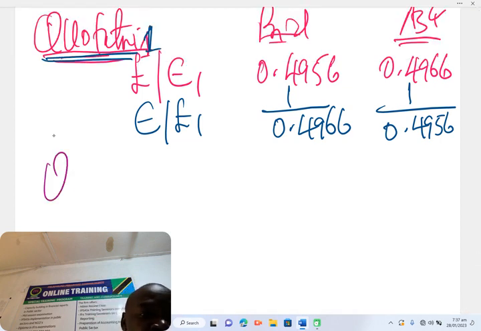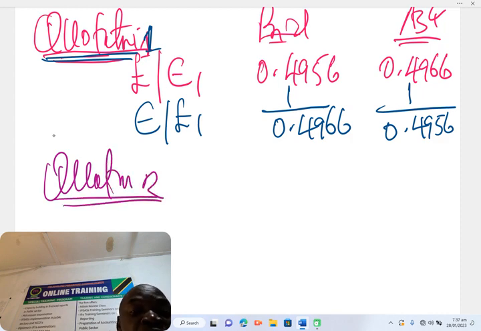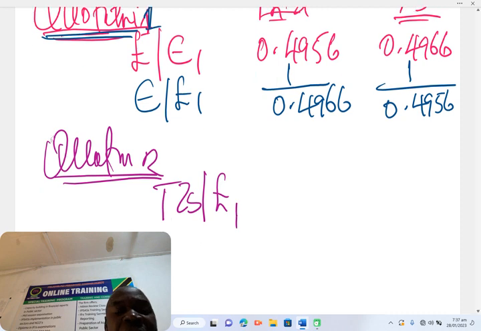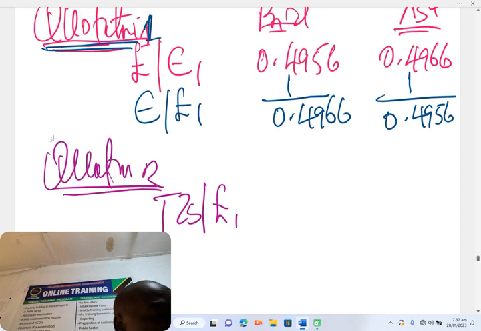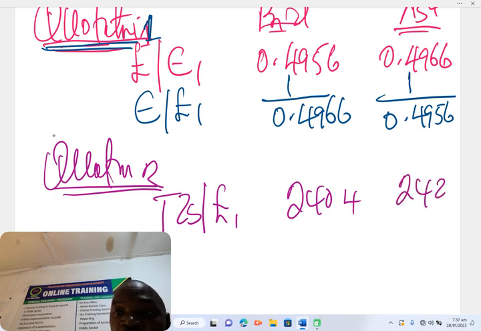So quotation 2. We have to observe Tanzanian shillings against pound 1. We have been given this quotation. It is 24.04 against 24.20.